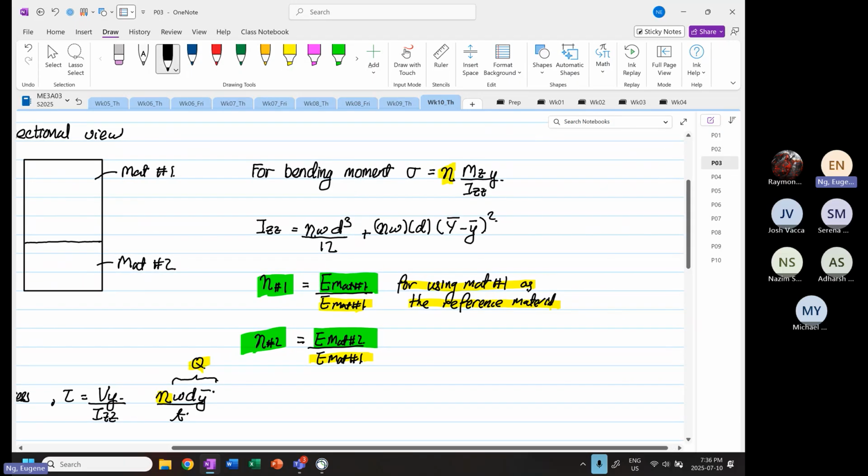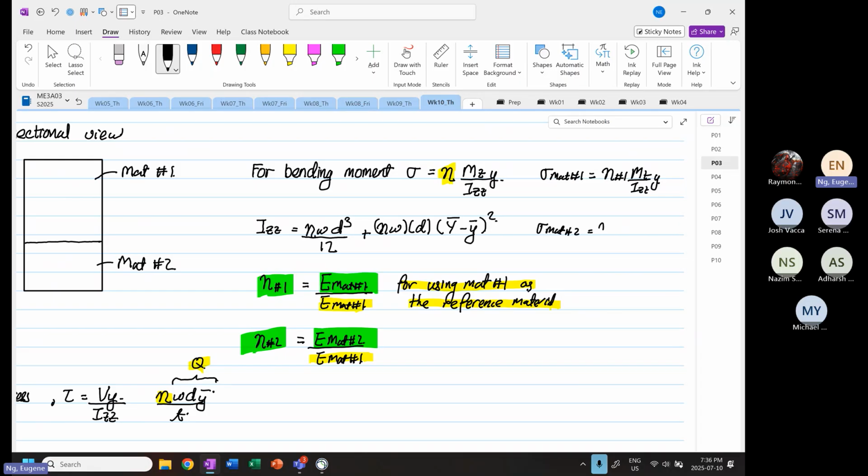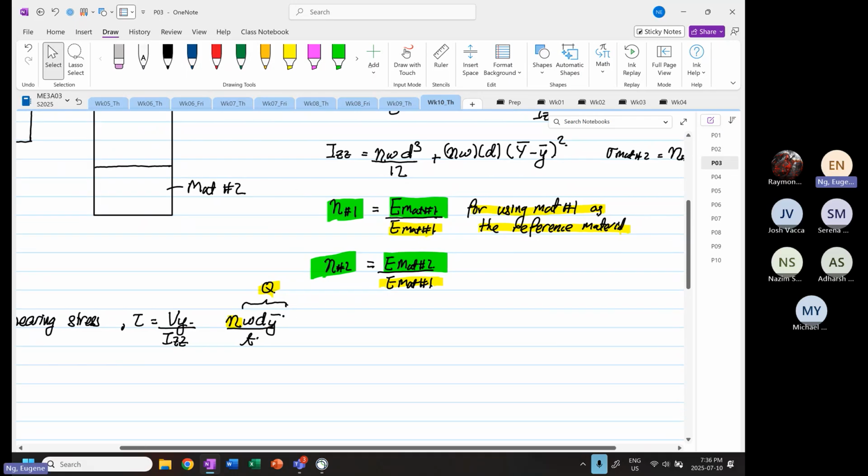So if we want to find stress of material number 1, it is equal to n of material number 1 Mz over Izz multiplied by y, and if you want to find it for material number 2, use n for number 2, Mz over Izz multiplied by y. Likewise for this.